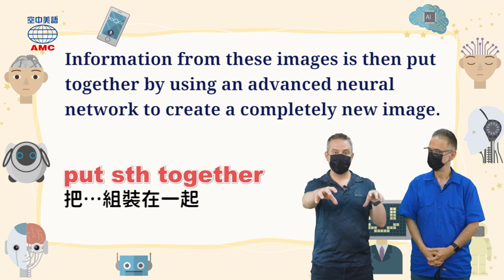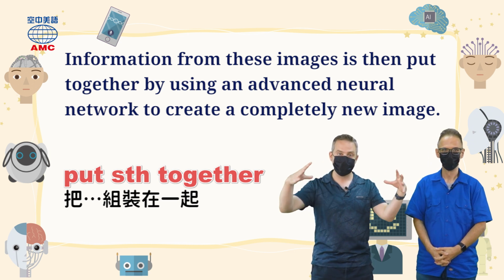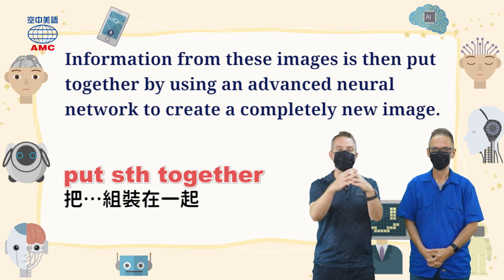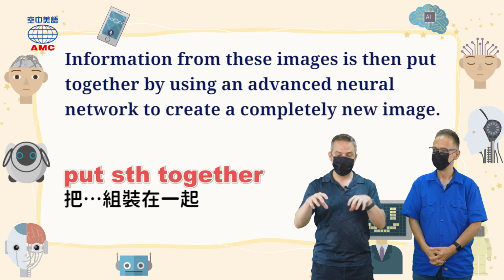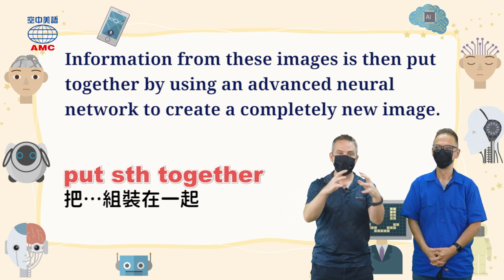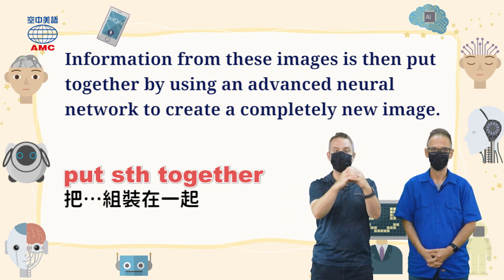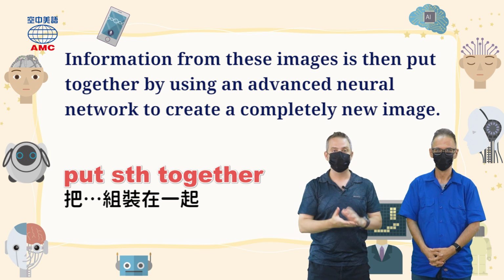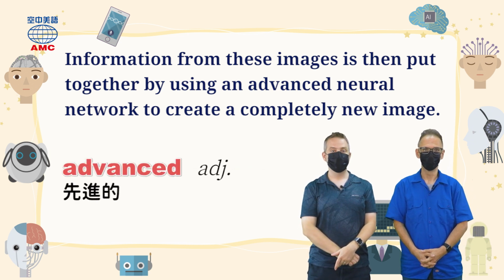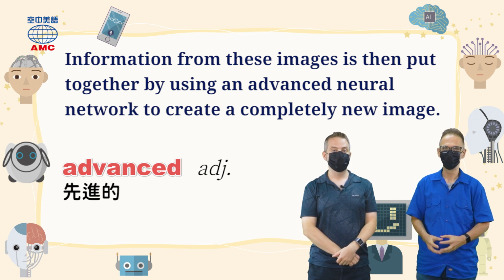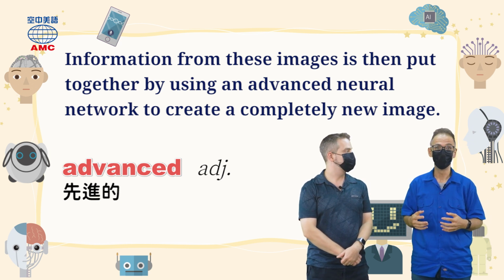You get lots of separate parts or things from separate sources, and you combine them together to make a single whole. So this computer looks at different images, gets all that information, then puts it all together to make one single block of information. And we also have the word advanced. In this case, advanced means modern and newly developed.